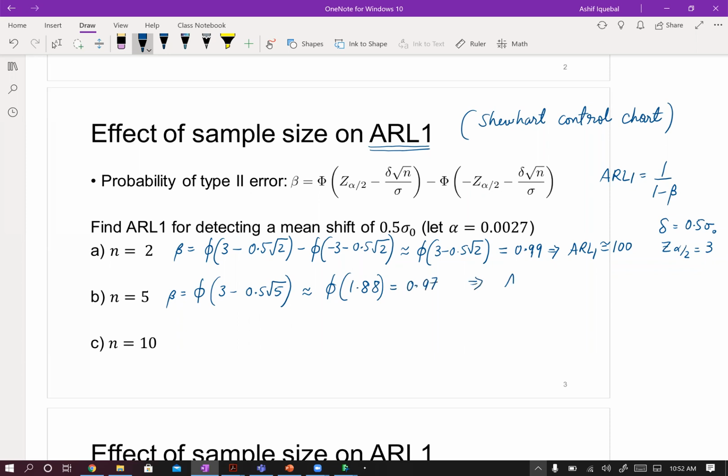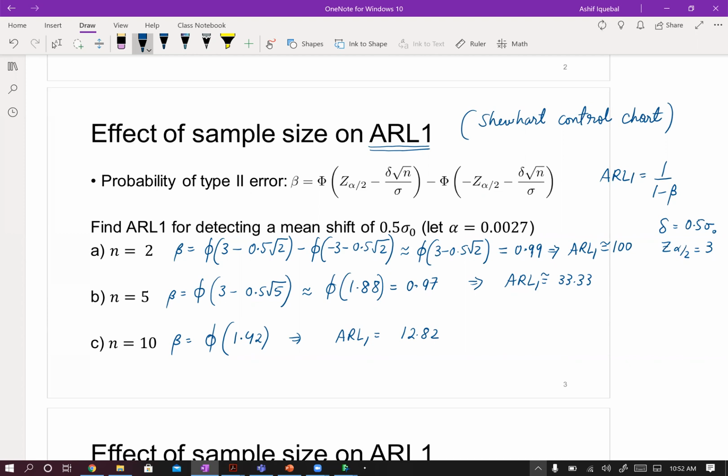So in this case, your ARL1 is equal to 1 by 1 minus 0.97, which is approximately equal to 33.33. Similarly, for the last case, you will get beta equals capital phi 1.42, and your ARL1 is equal to 12.82.